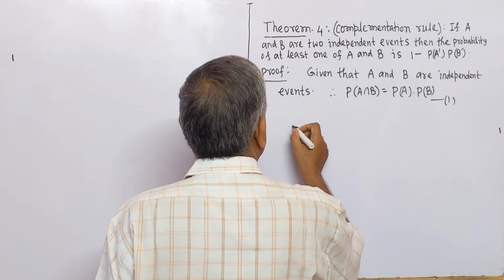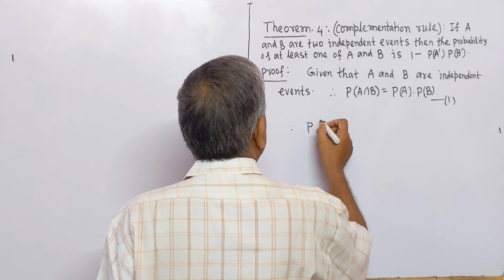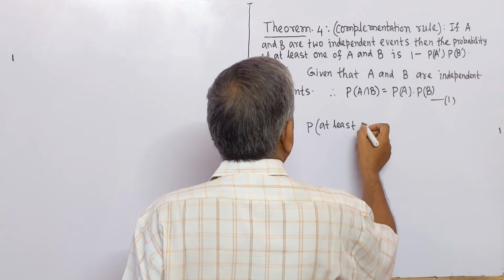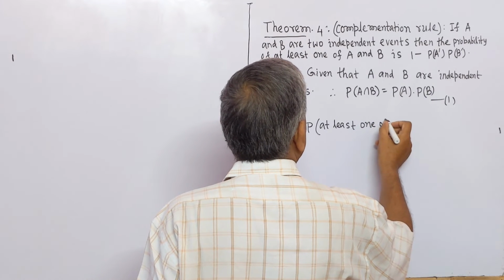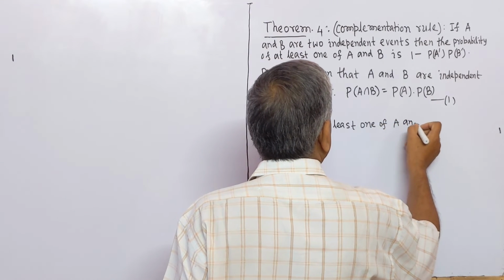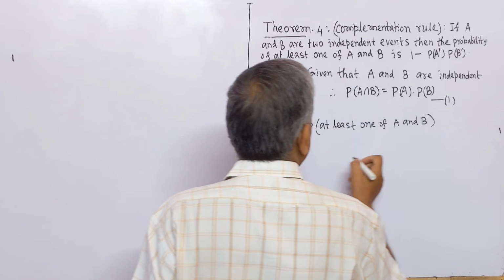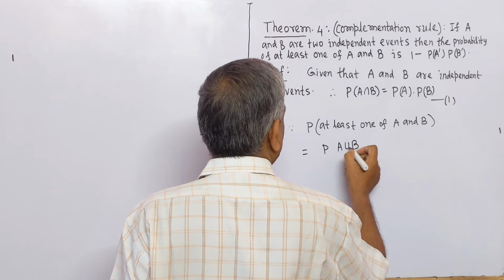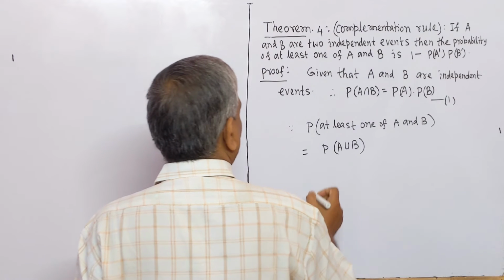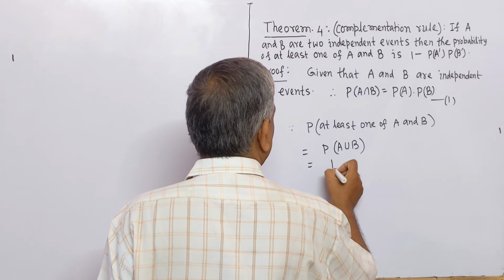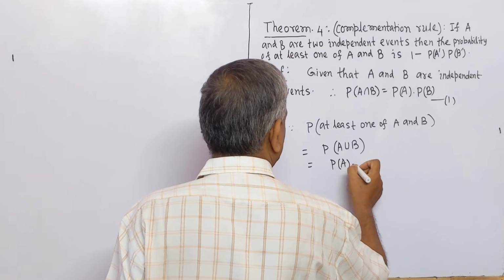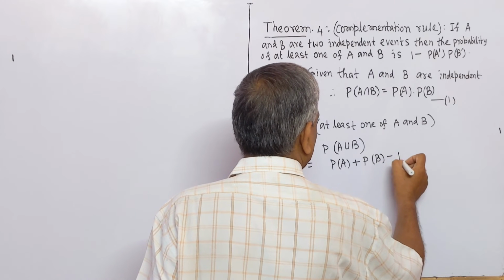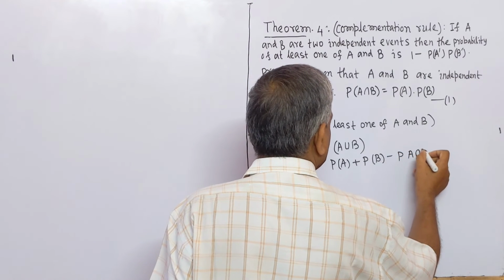Here the probability of at least one of A and B equal to probability of A union B. Probability of A union B is probability of A plus probability of B minus probability of A intersect B, by total probability.